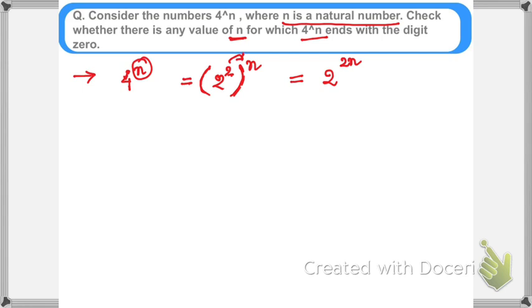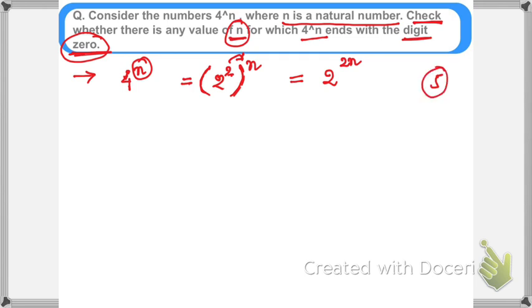Now here we have to check whether, for any value of n, the number ends with the digit 0 or not. If a number ends with 0, it should be divisible by 5, right?